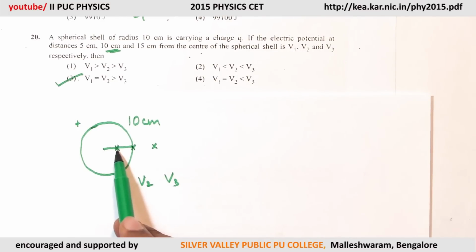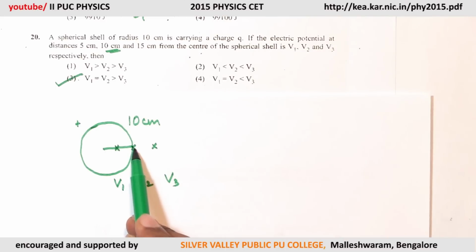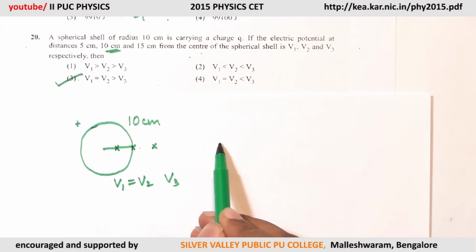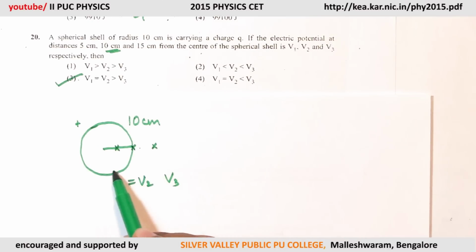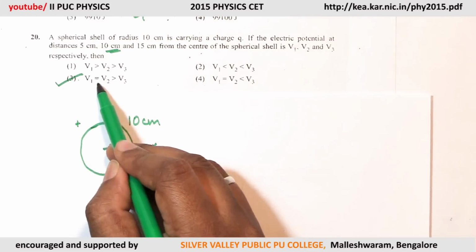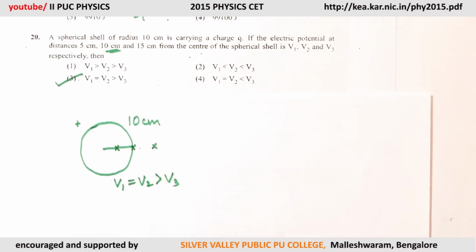We know potential inside the shell is same as that on the surface. Therefore, V1 equal to V2. And with the increase in distance, potential decreases. Meaning, influence of the charge decreases with distance. Therefore, these two potentials should be greater than V3. V1 equal to V2 greater than V3.